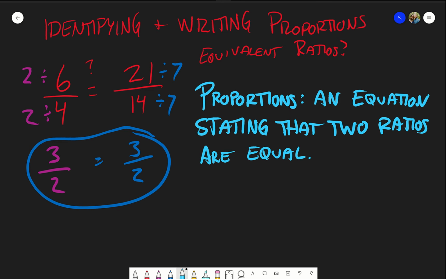So a proportion says two ratios are equal. It is just as good as that. So knowing that, this is one great way to do it. If we have two ratios, we can simplify them down to say, are these going to be equal?